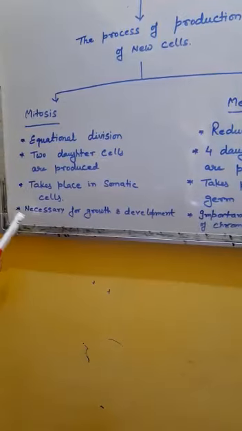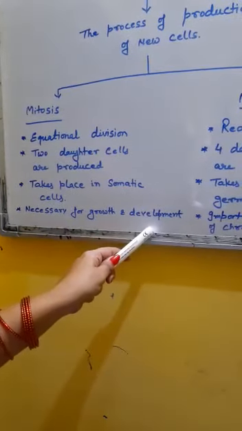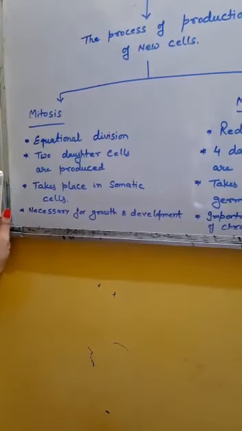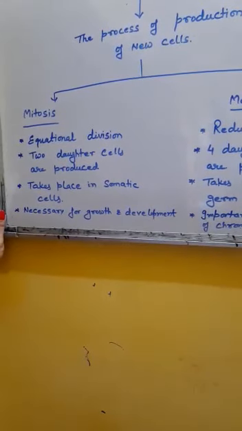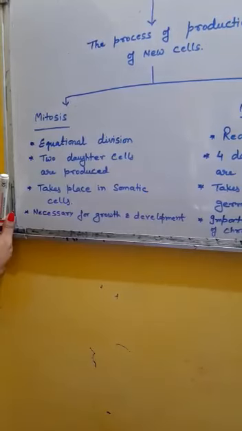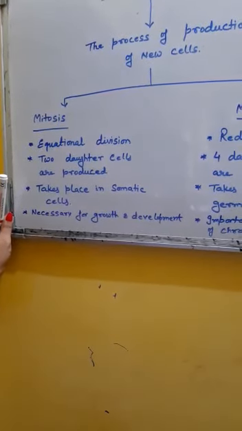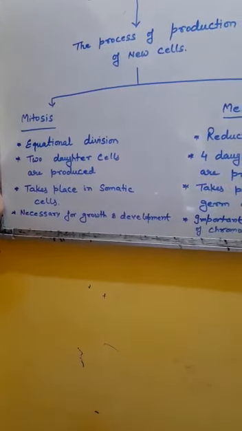Mitosis cell division is necessary for growth and development of the body. So, due to mitosis, our skin, bone, blood grow in number. The cells of these places grow in number, and all the cells have a similar number of chromosomes as the parent cells.